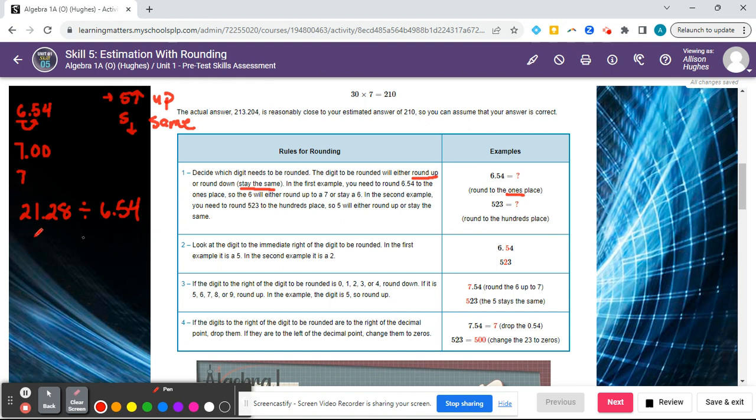Okay, so we have our operation here that we want to perform, 21.28 divided by 6.54, and we're going to round each of our numbers and then perform the division. And we're going to round them to the ones place.